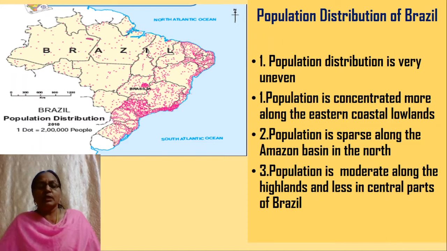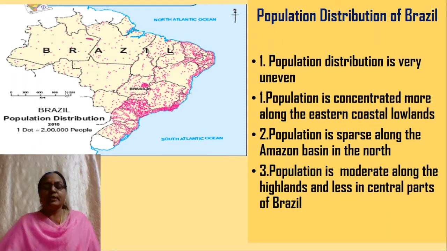Also, the climate is hot and humid, and these forests are highly inaccessible. Because of these reasons, the Amazon basin is sparsely populated. Next, come to the Brazilian highlands. Here you find the population is moderate, and along the central region, we find the population is less.